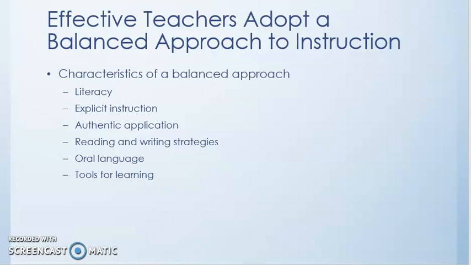And so when you're thinking about a balanced approach to literacy instruction, you have to think about that as the balance between explicit instruction, where you are giving direct, guided instruction, where you are very clear on the expectations, you know what your outcome is, and you are teaching to that.